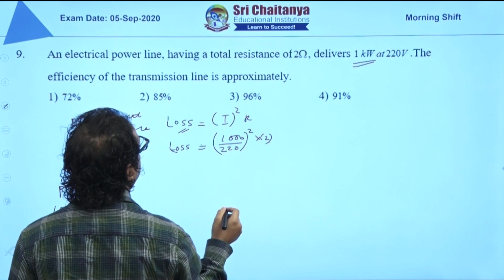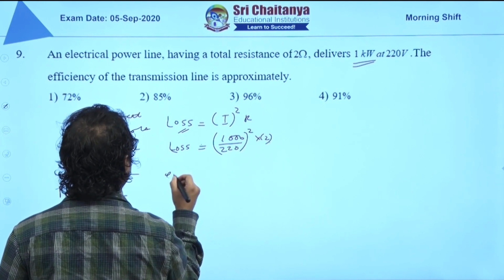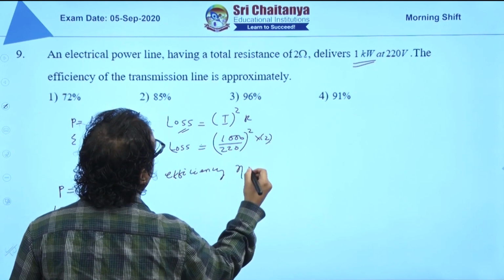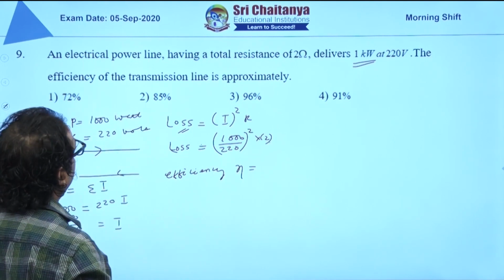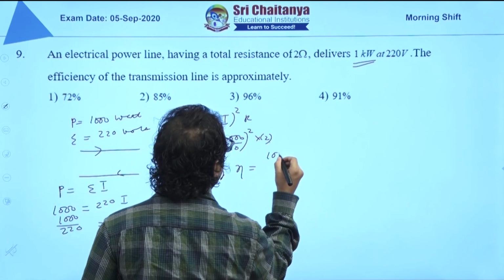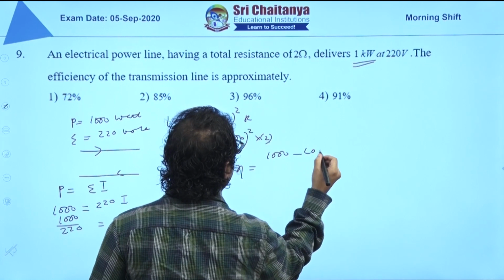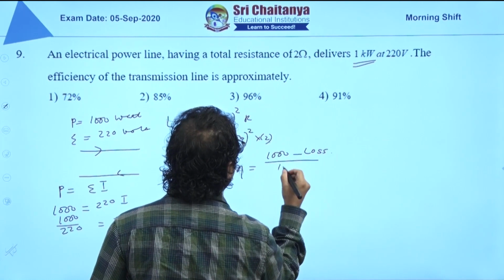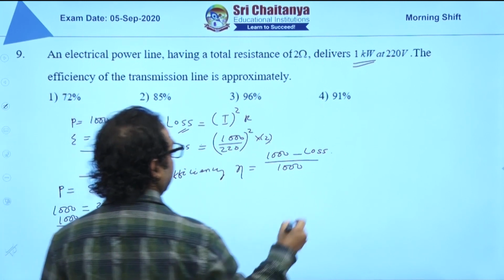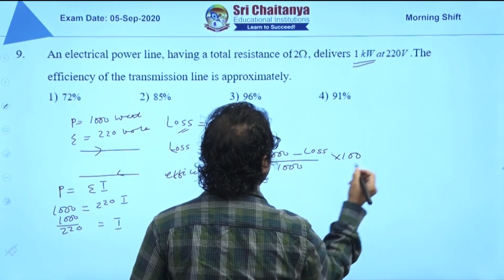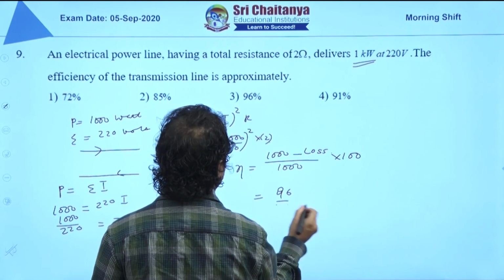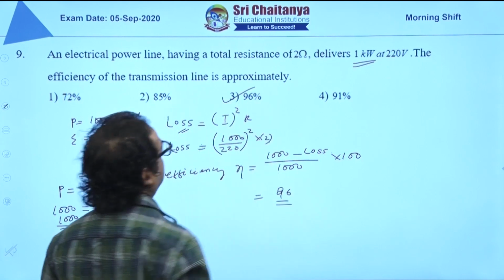So basically efficiency eta is nothing but the power intended to supply, 1000, minus loss, divided by 1000. So this is your efficiency. We have to multiply by 100. By calculating, we will get nearly 96. So this is your answer, 96%.